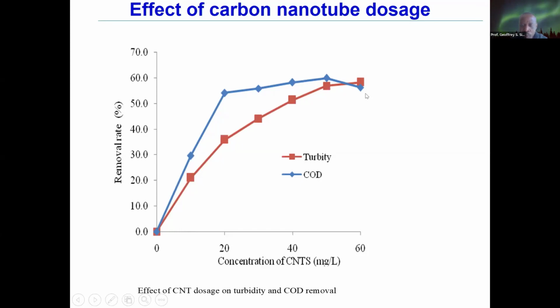Basically, what we concluded here is that this could be because perhaps there was some sort of interaction between carbon nanotubes and the colloidal materials at very high concentration, and this perhaps is very similar to polymer coagulants, because with polymer coagulants, as you increase the dosage, you also find that the turbidity or even COD removal starts to reduce.